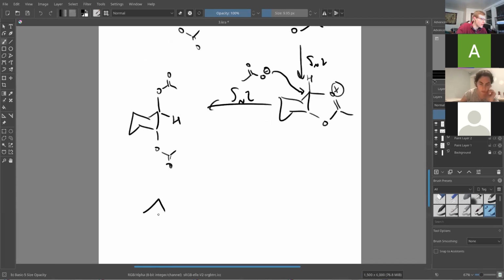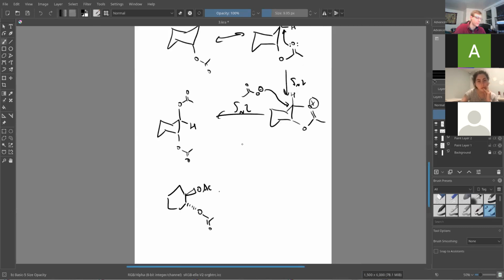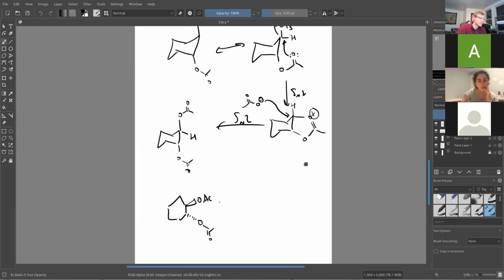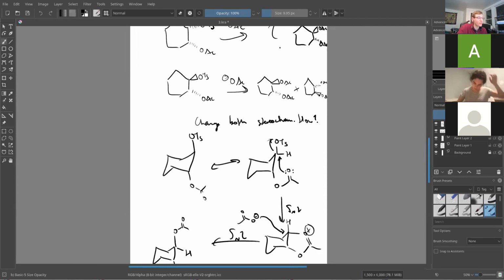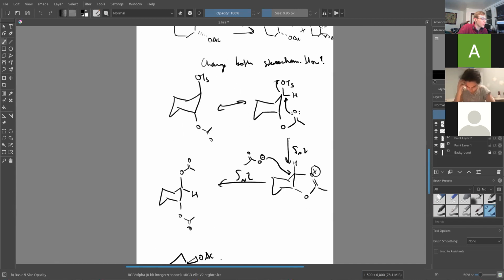So this that we just got out at the end is this structure. Okay. That is this. That's one of the two. And then how do we get the other?